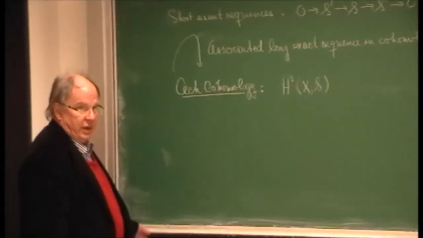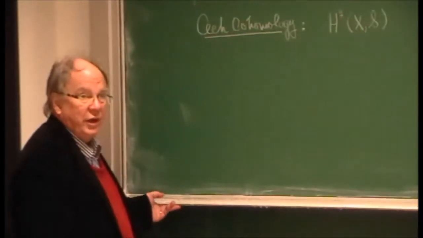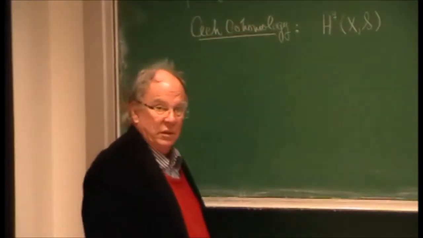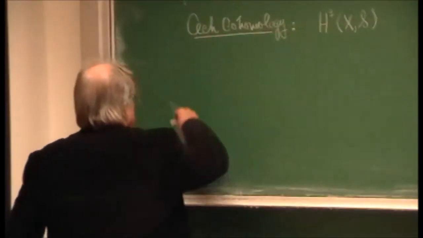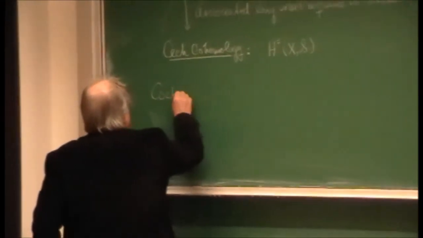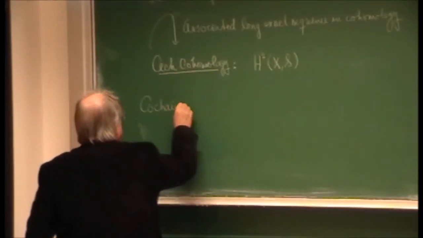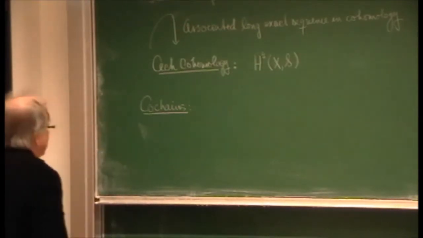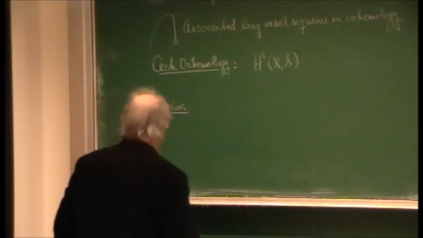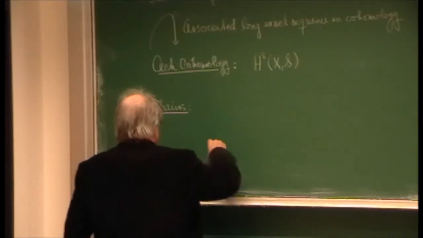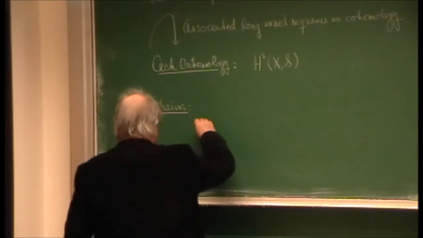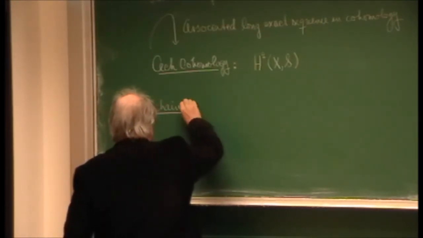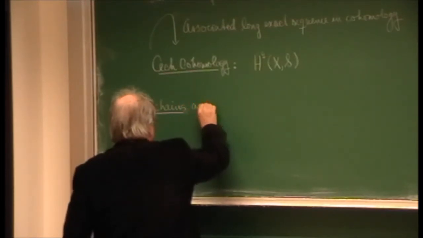Okay, so for any cohomology theory, you have to have cochains. So what are the cochains? So let's say the space of cochains associated to a covering.